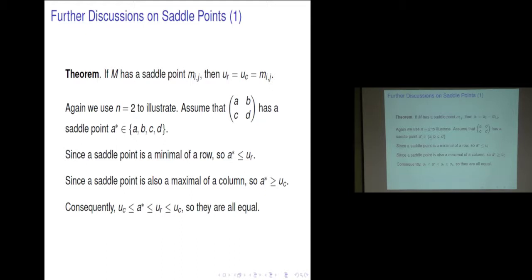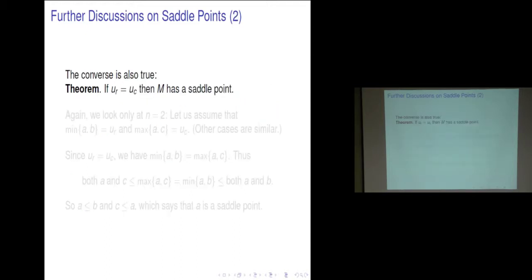But you see, in this inequality the first term equals the last term, so everybody has to be the same. So if you have a saddle point, by using the property of saddle points, you know that both the row player and the column player can get their values.